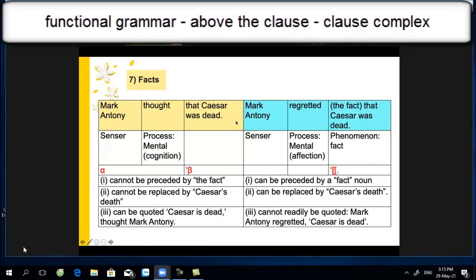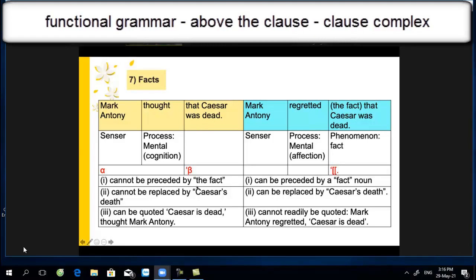And the last point, Dr. Halliday wants to distinguish what is a fact and what is not a fact. For example, this sentence, Mark Antony thought that Caesar was dead. So thought here is a mental process. So we use only one quotation mark here. And this is an alpha and beta, right? Well, that Caesar was dead here cannot be preceded by the fact.